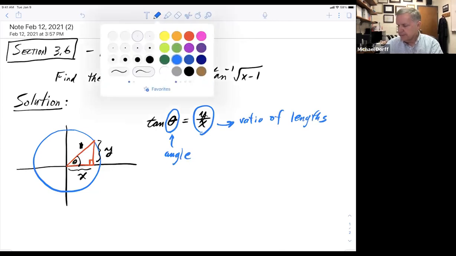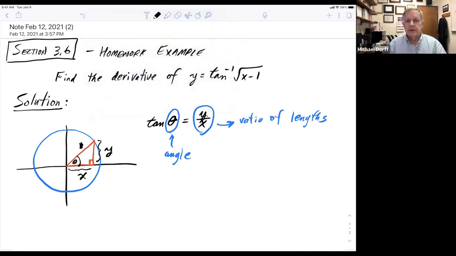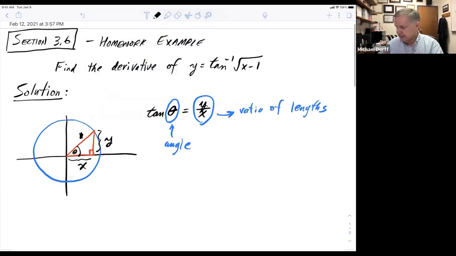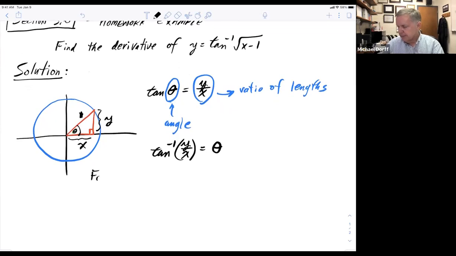So what is the inverse tangent? The inverse tangent switches the order of these things. It undoes the tangent function. So now I'm not going to take an angle, but the ratio of the sides. The inverse tangent of y over x equals my angle. As an example, the tangent of pi over 4 equals 1.